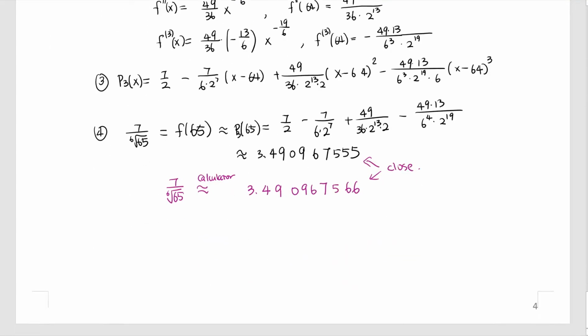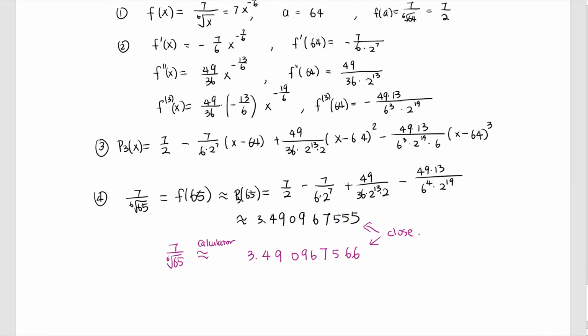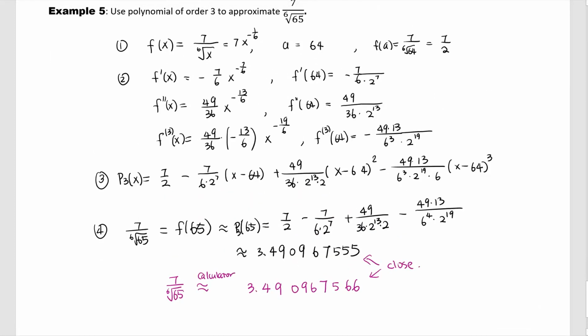So for any function, we can always compute the Taylor polynomial and use the polynomial to approximate it. The good thing is we might not know how to calculate square roots, cube roots, natural log, or exponential functions, but we can use the polynomial to approximate it.